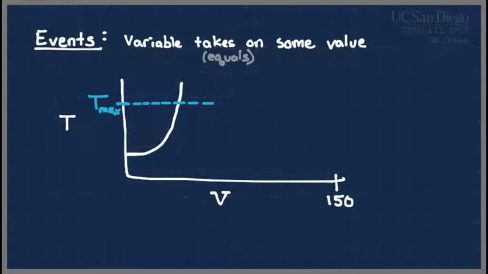Just stop the whole solution right there, because you've gone as far as we need to for all reasonable purposes. It will cut off the remaining portion here. It'll stop the volume maybe at something like 20. Even though you told it to solve out to 150, it says, I don't need to get all the way to 150. Long before I get to 150 on volume, I hit this event that you have indicated, Tmax, and that told me to stop.